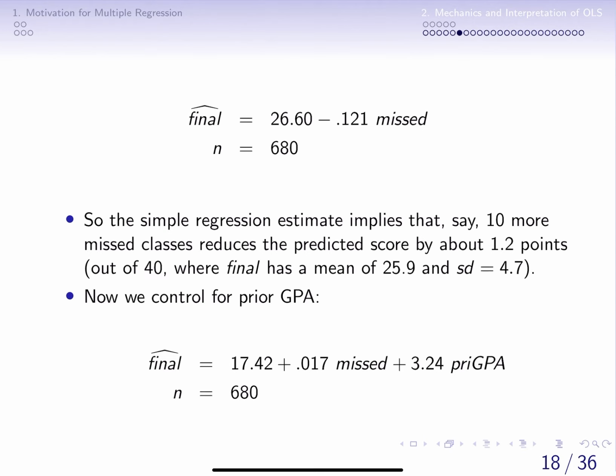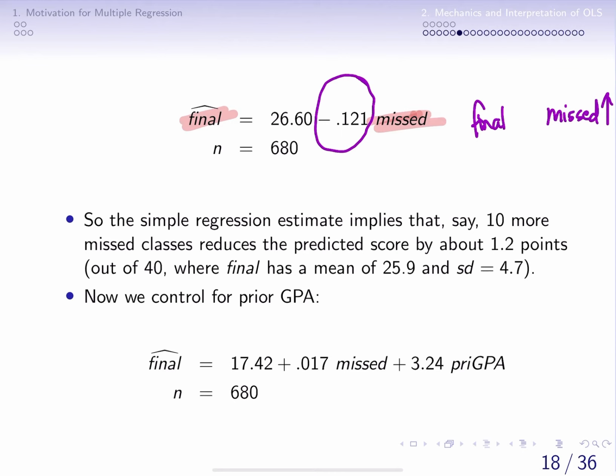So if we regress the variable final on missed lectures, we find that the coefficient is actually negative, which basically means that as missed lectures increase, the final exam score drops, okay? Which is fine, right? We can interpret this as the following. We can say 10 more missed classes reduces the predicted score by about 1.2 points. Okay, and this is out of 40, remember.